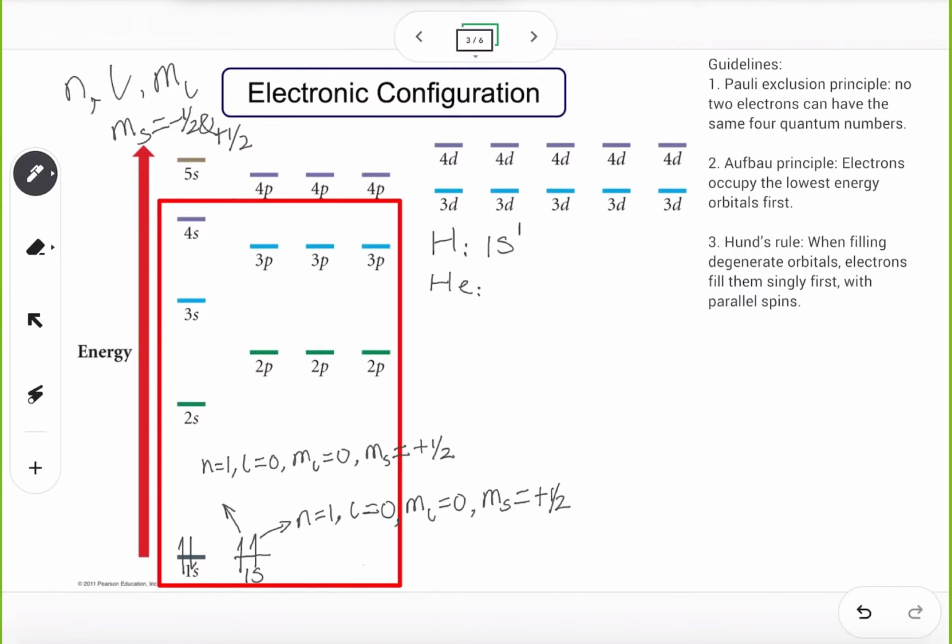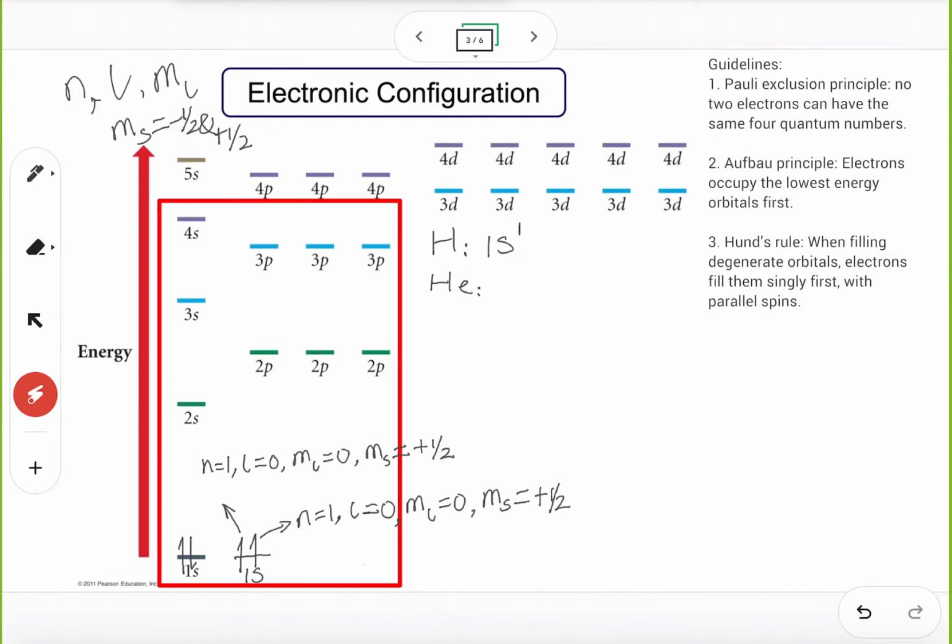Because it's pointing up. Now, if you check the Pauli exclusion principle, no two electrons can have the same 4 quantum numbers. If you have this configuration with 2 electrons in the same 1s orbital, both pointing up, then you will have two sets of the same 4 quantum numbers, right?